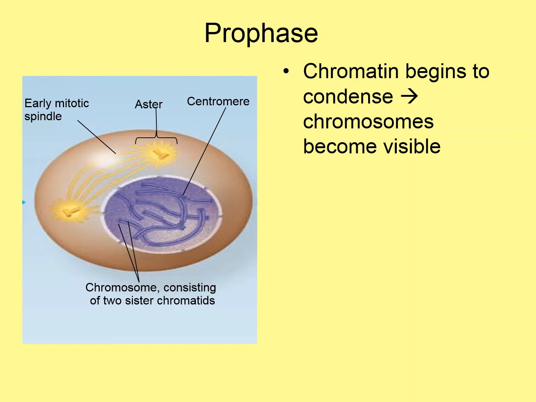Now, typically chromatin is really a very loose sort of mass inside the nucleus. It's really kind of a mess in some ways.